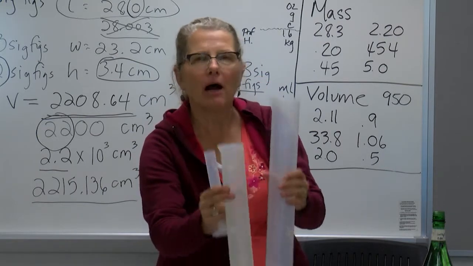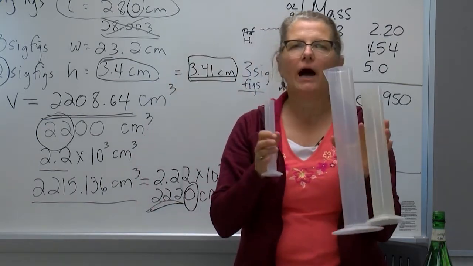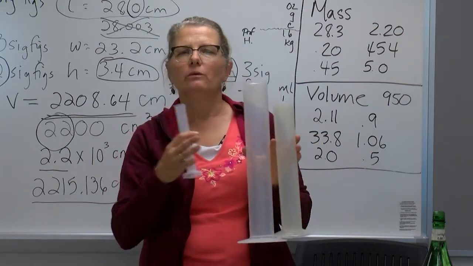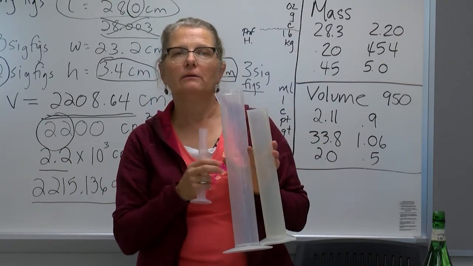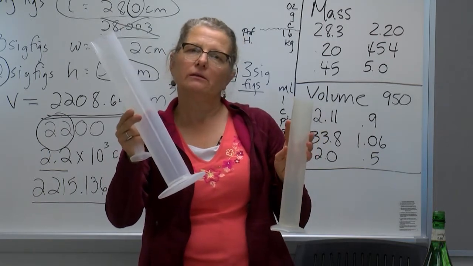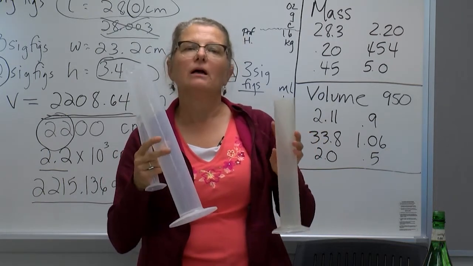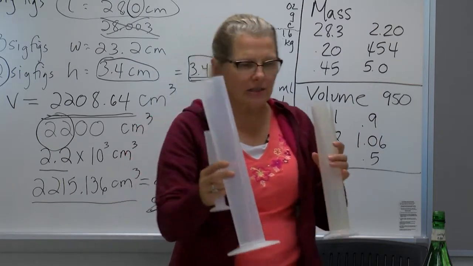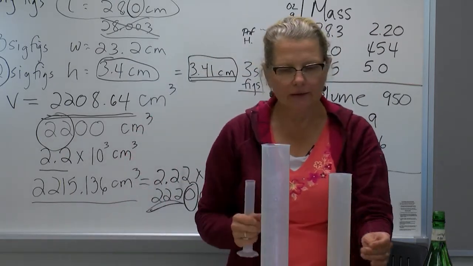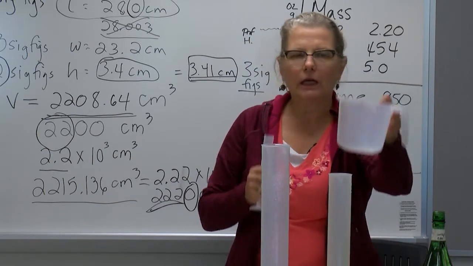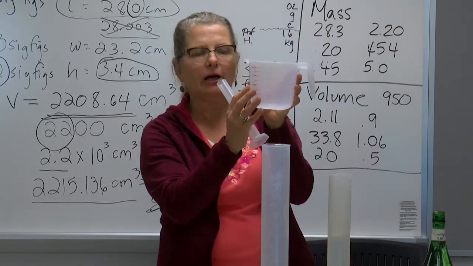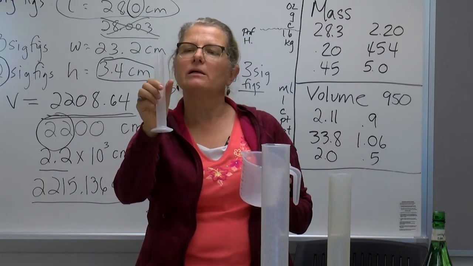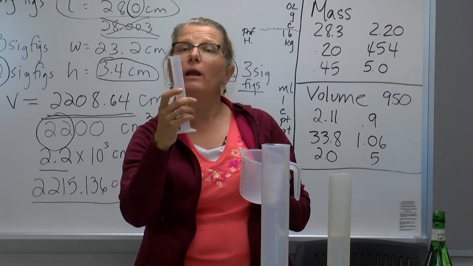If I had a large bucket of water, which one of these would I use to see how much water I had? I would use this for that quantity of water. The size and the tool. If I just had a little bit of water in here, I would probably want to use the 50 ml one because it's accurate to 1 milliliter.